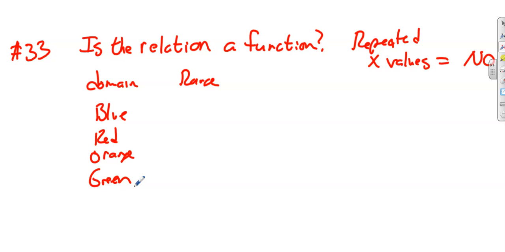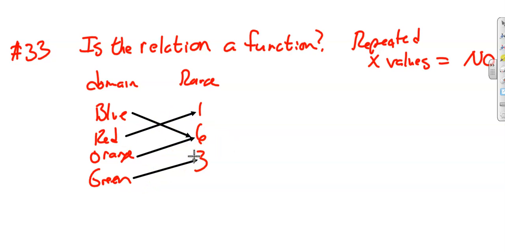And they may start off with something like blue, red, orange, green, and have that go to 1, 6, 3.